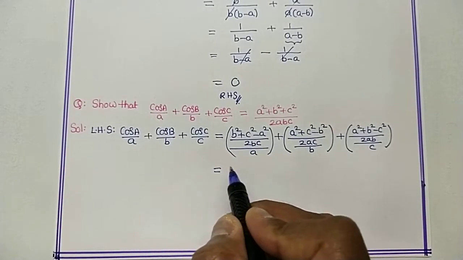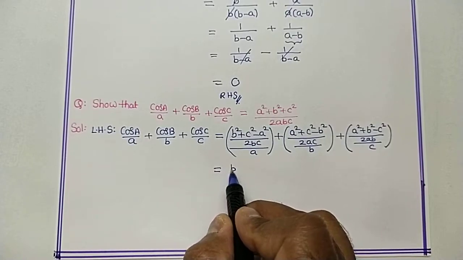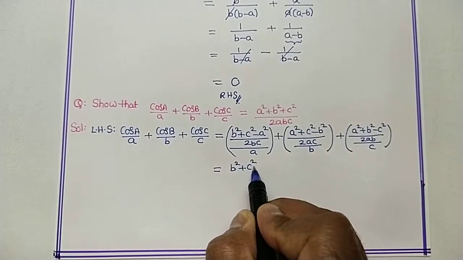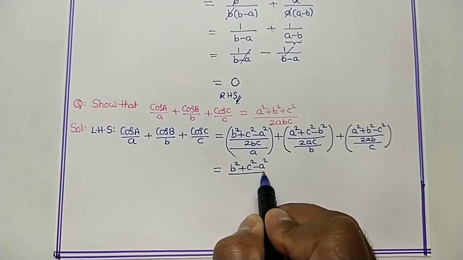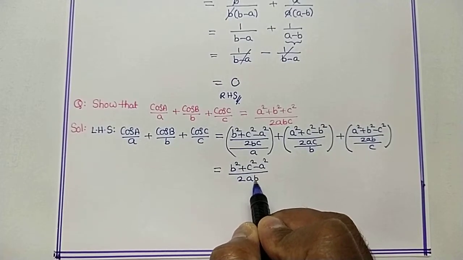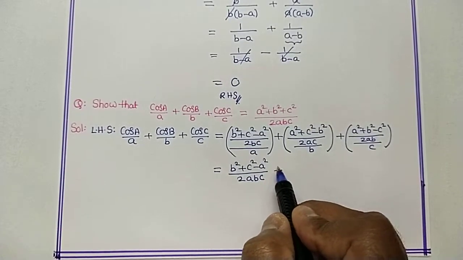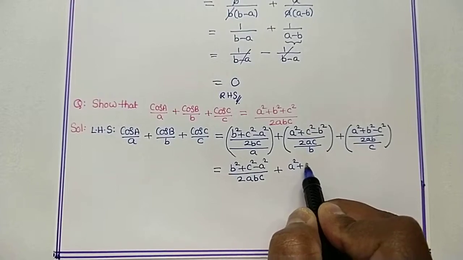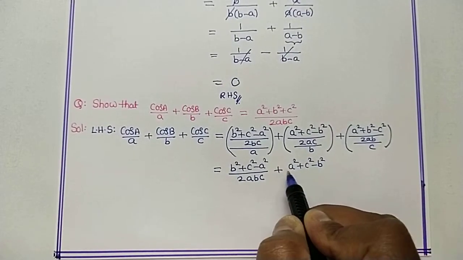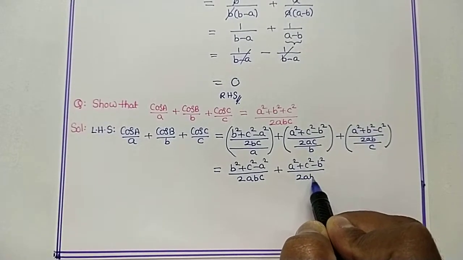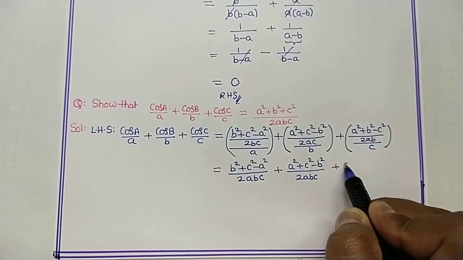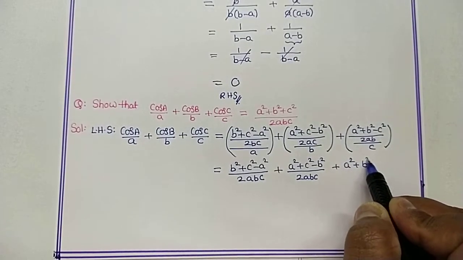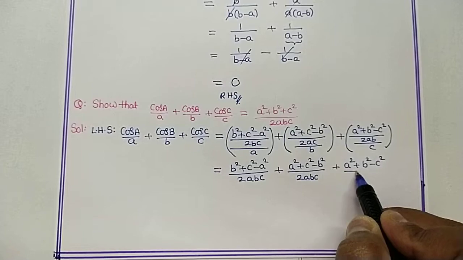So LCM for this: B square plus C square minus A square divided by 2ABC plus A square plus C square minus B square divided by 2ABC plus A square plus B square minus C square divided by 2ABC.